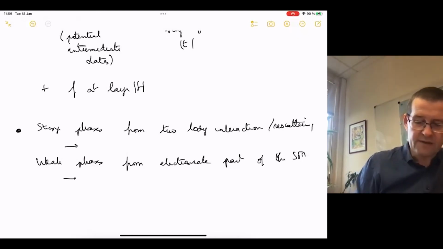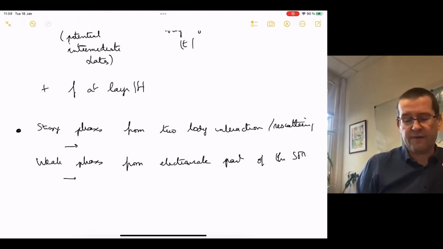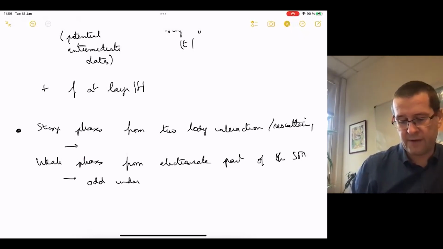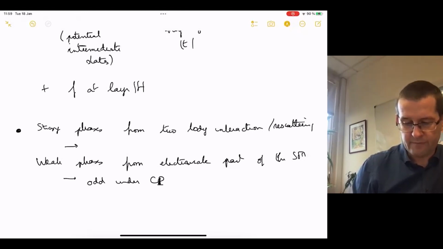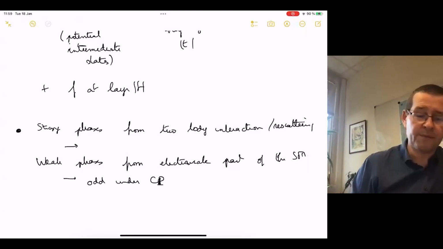So the CP conjugate of a process with V_CKM is going to have V_CKM star, the complex conjugate. That means that the weak phases are actually odd under CP, just because of the discussion we had when we discussed CP violation in the Standard Model. The strong phases come just from the strong interaction, which is completely CP invariant.